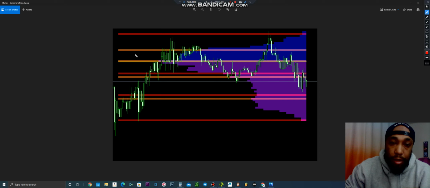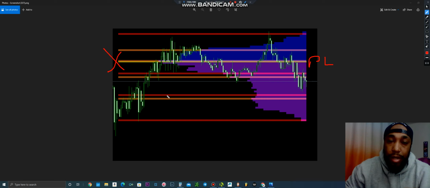The yellow line is a fair price. This is where most traders have agreed on a fair price in the market. So always expect the market to come back to your volume point of control price level.